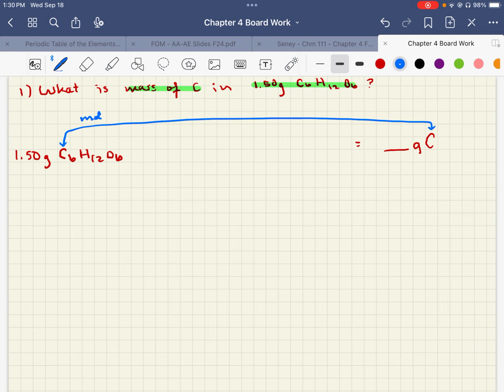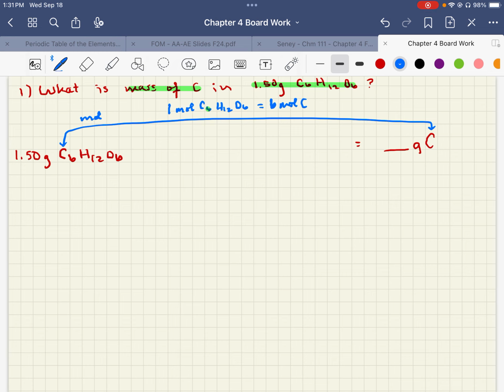Notice for this compound, if I have 1 mole of C6H12O6, looking at the formula, we have 6 carbons. That means for 1 mole of the whole compound, I have 6 moles of carbon. So that's my conversion factor.